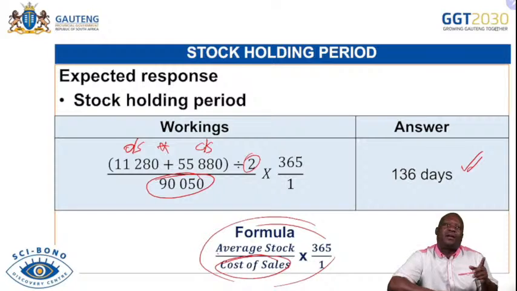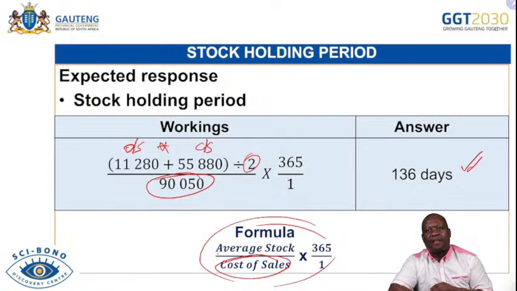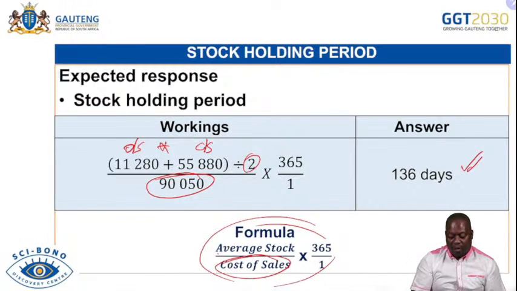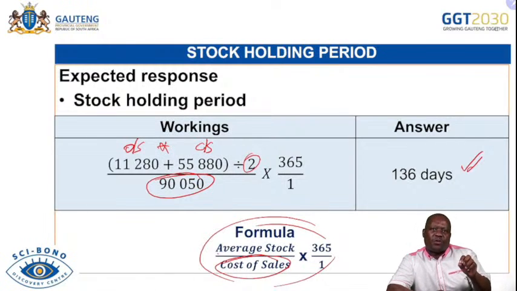Now, remember, the last part was saying the owner suspects that some bags are being stolen. So there is a suspicion that there is missing stock somewhere. Now, can we find that from the activity that we are dealing with? Yes. Now, what are we going to be looking into?